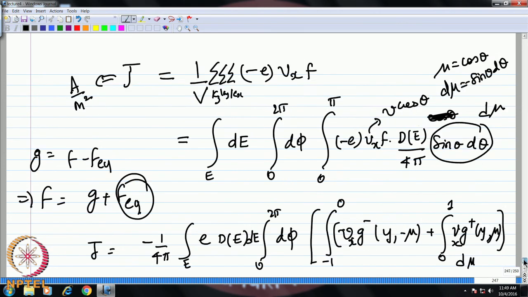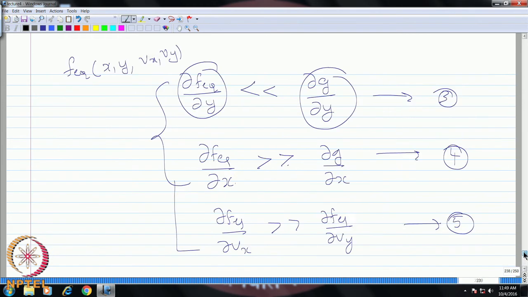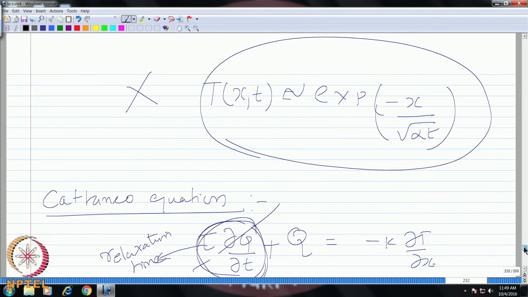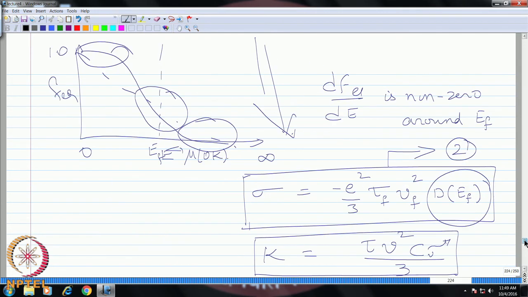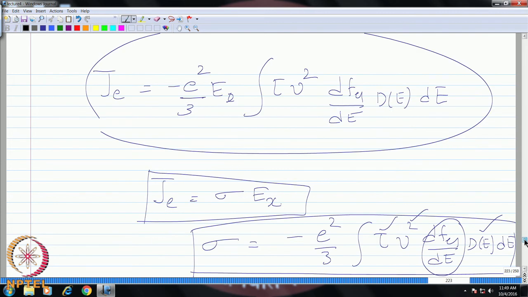So the expression for bulk value that we have derived, let us go back to that. This is your expression. We have minus E square integral tau V square dF equilibrium by dE d of E d. Okay, we have minus E square by 3.